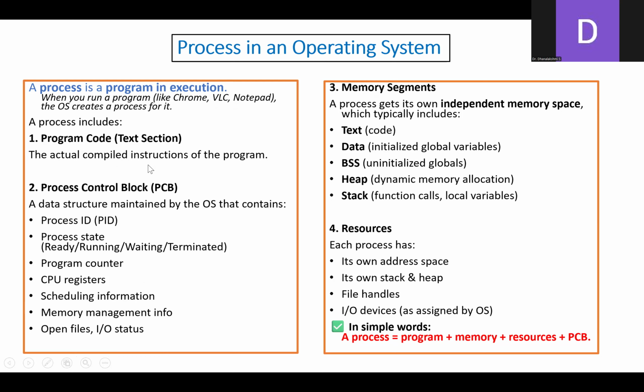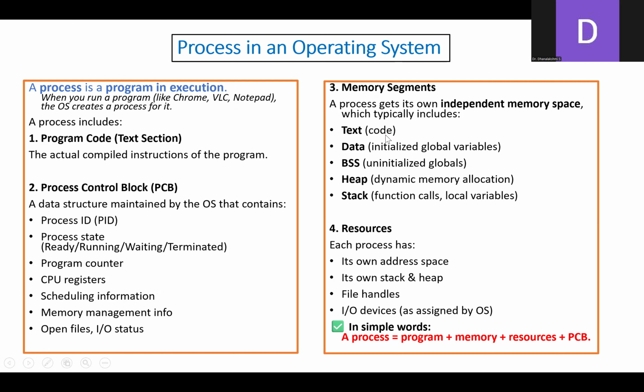Coming to the second, the process has what we call the PCB, process control block, a data structure maintained by the OS that contains the process ID, which we call PID, process state, which could be ready state, running state, wait state, or terminated state, and a program counter, CPU registers, scheduling information, memory management info, open files, and IO status. It's all taken care of by the PCB.